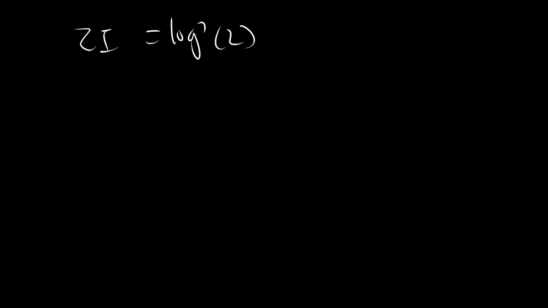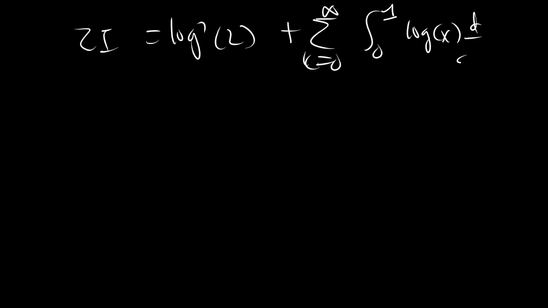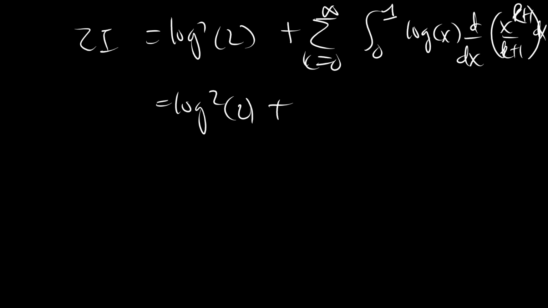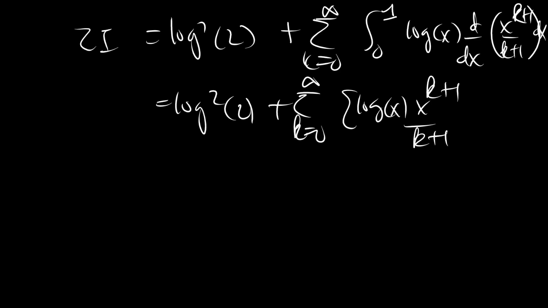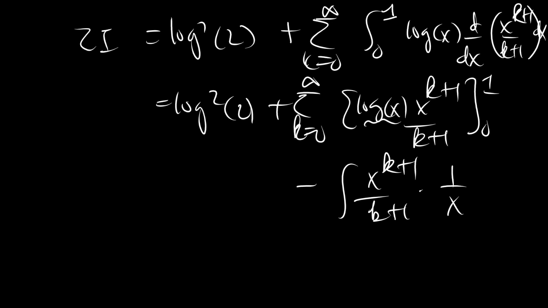And this is the square of log of 2 plus the summation of first the product of log of x times x to the k plus 1 over k plus 1 from 0 to 1, minus the integral of x to the k plus 1 over k plus 1 times the derivative of log of x, which is 1 over x, from 0 to 1.